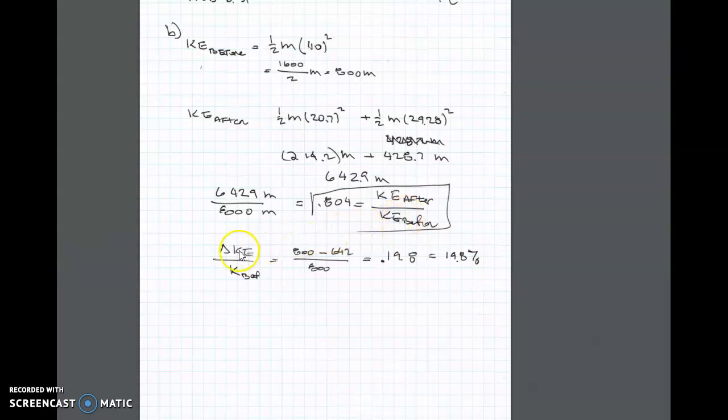That means you had a change in kinetic energy of 0.198, so that's 19.8%. I know it's getting too loud, but I can't do anything about it. What that tells you is that, because of the change in kinetic energy, energy was not conserved in this particular problem. I hope you can hear this, and I'll be on in a minute when things quiet down with another one.